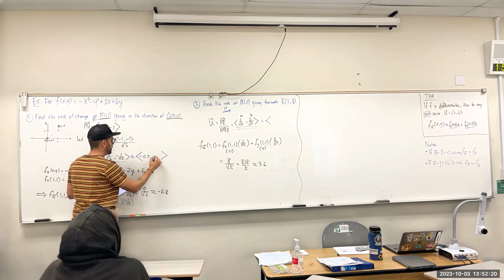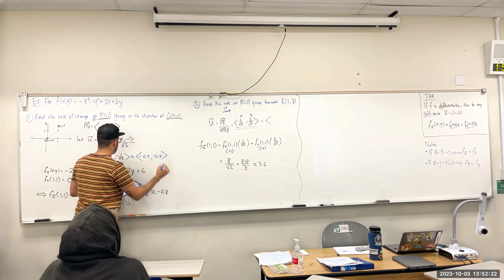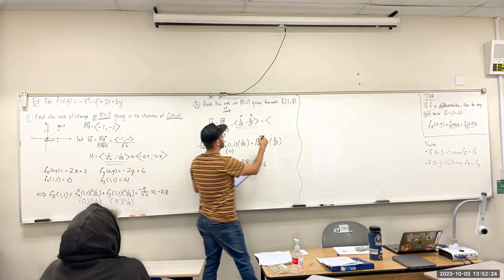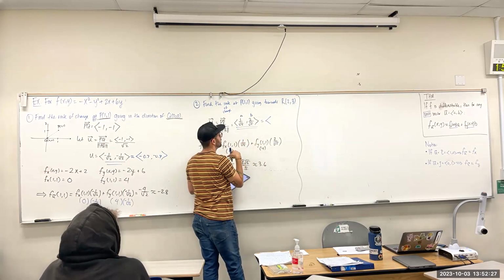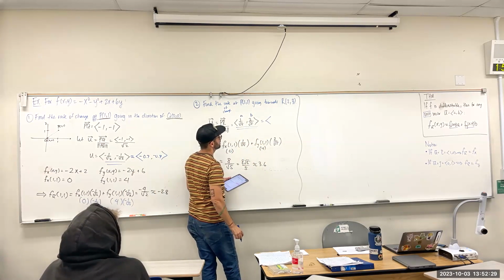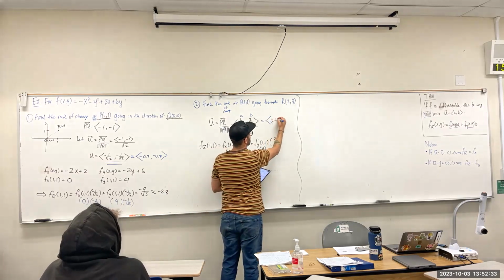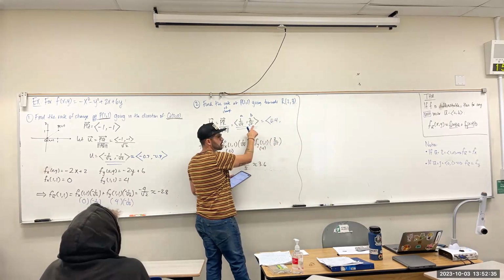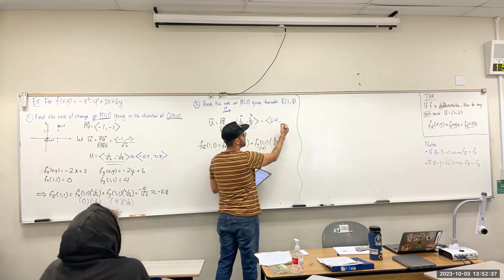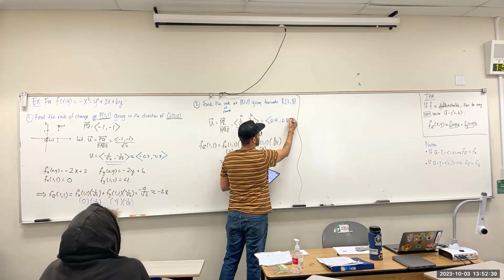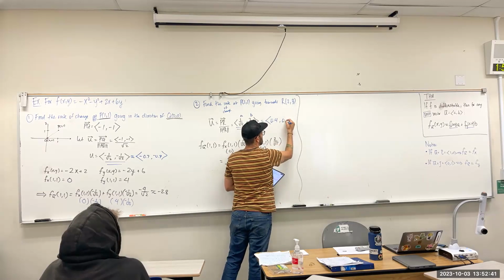This is 0.7. Okay, and then this is, help me out here with this one. 0.4. So this one is probably 0.8-ish. 0.9. Okay, let's say 0.9.